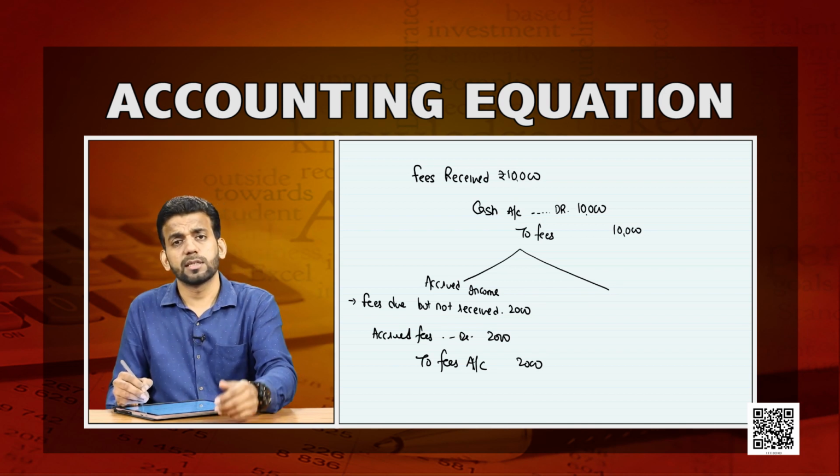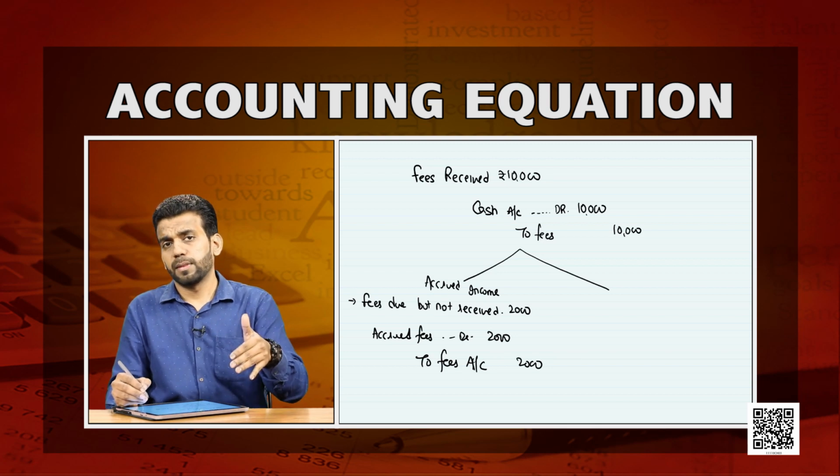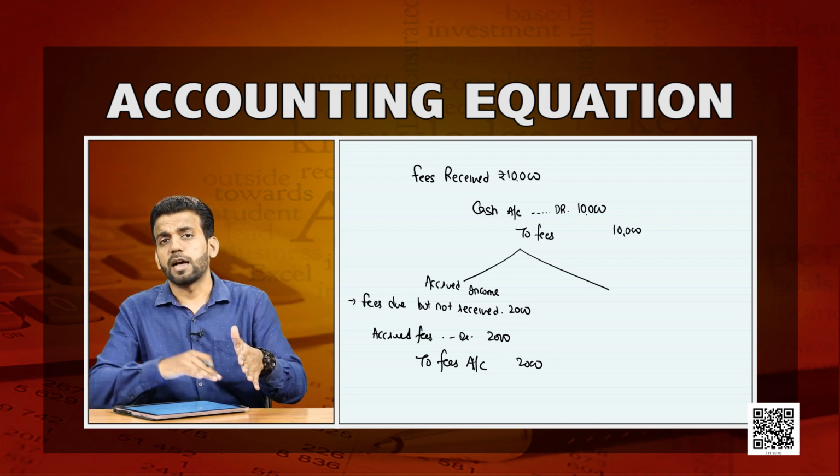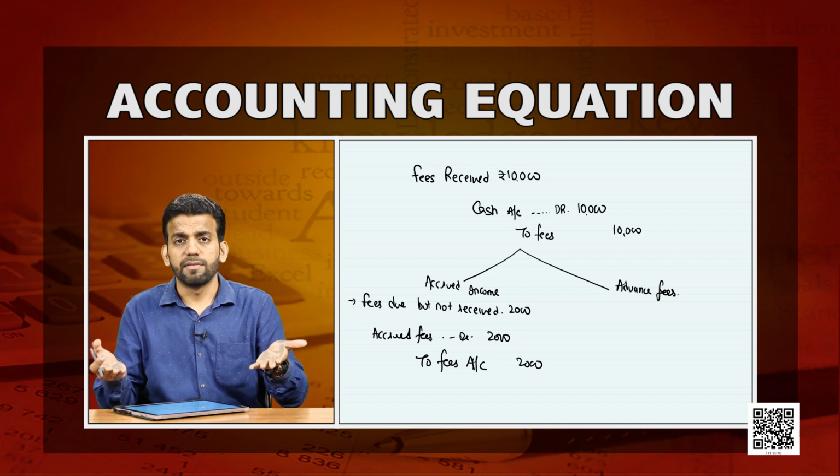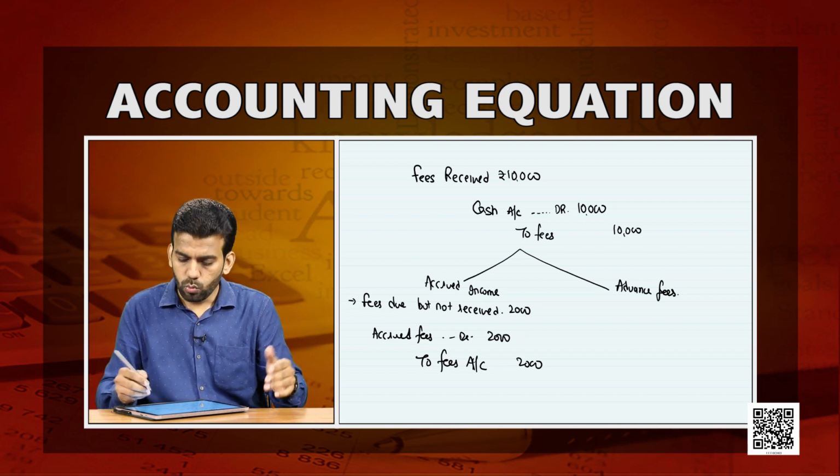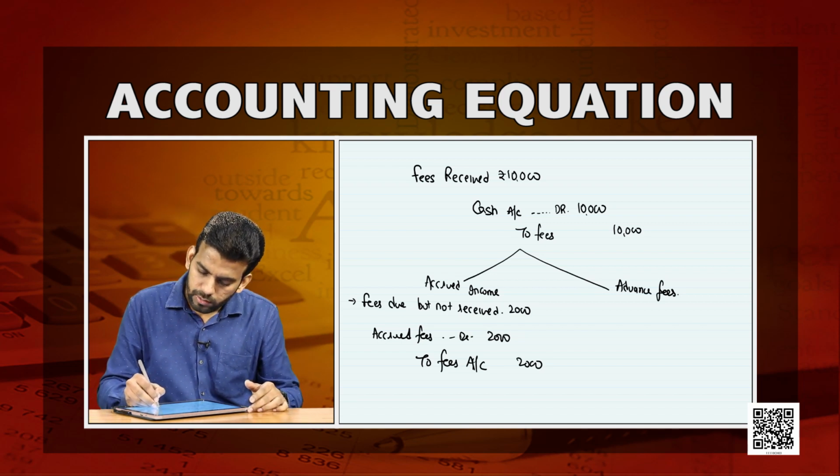Sometimes students studying in class 11th pay me the fees for class 12th in advance. So, I have received cash from them. One thing which is very sure is that cash has come, so the cash account would be debited by any amount, let us say 5,000. But do you think it's an income which has fallen due?